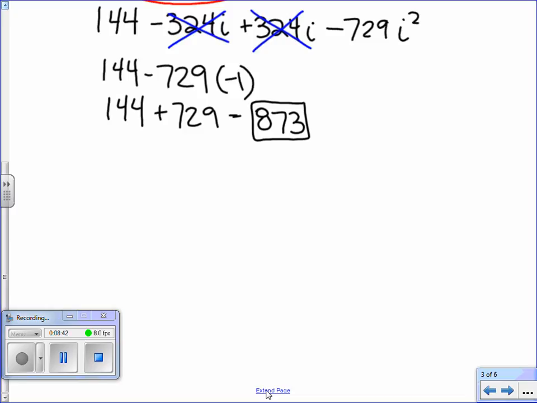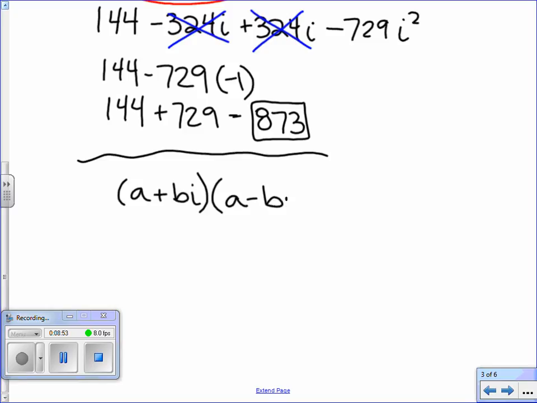Okay, so I'm going to start with the two complex conjugates, and I'm not going to use numbers this time. I'm going to use a plus bi and a minus bi. I'm just going to deal with these letters, and I'm going to do distribution and see what happens. So those numbers could be 12 and 27 like Cole picked. They could be any other number. Okay, we don't even know.